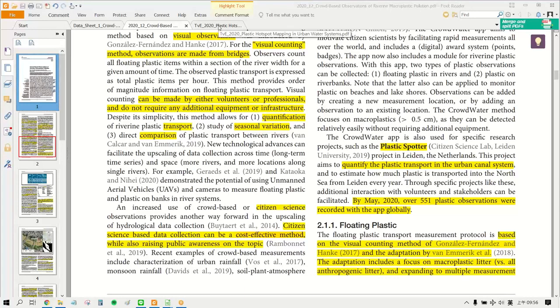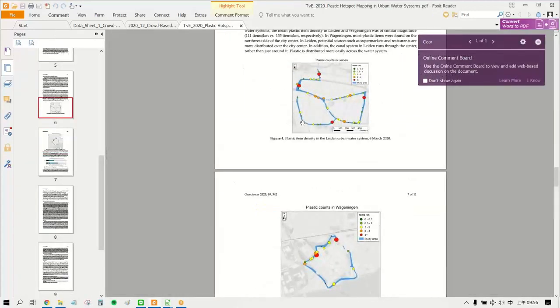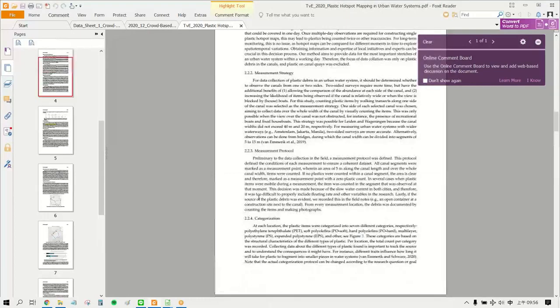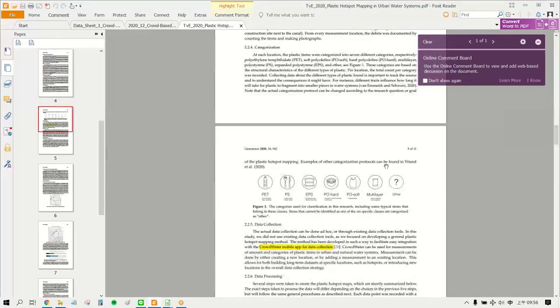And I found this paper too. This paper is written after our seminar paper, so it's quite similar, but they introduced the whole process of citizen science from 1 to 7 steps to map the hotspots of this canal system.